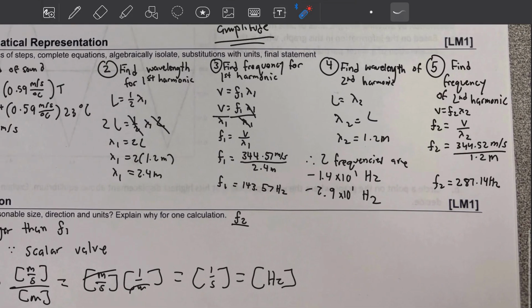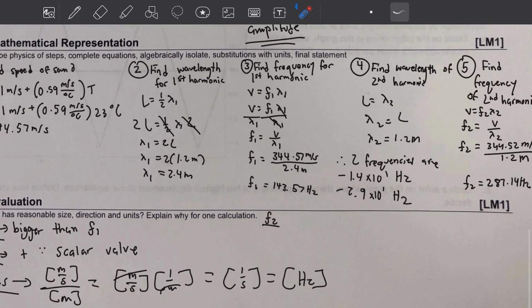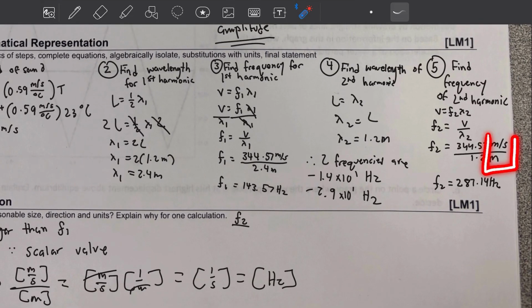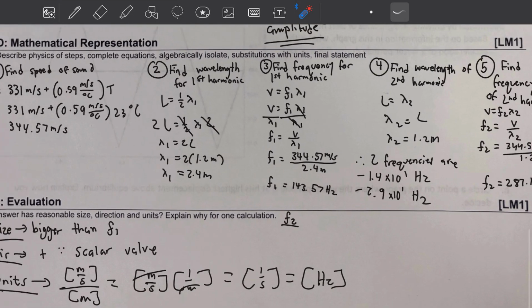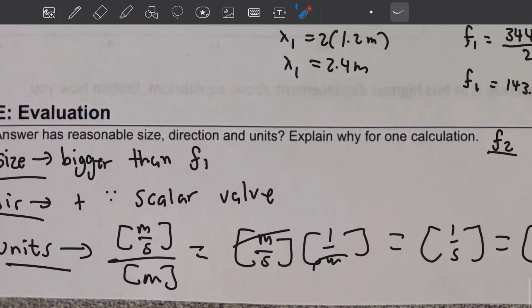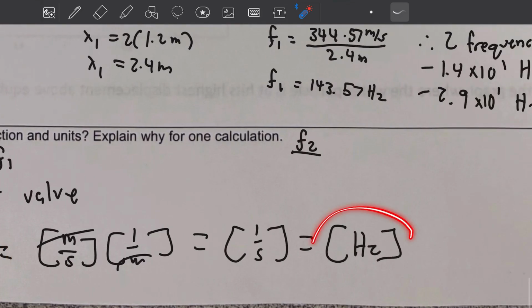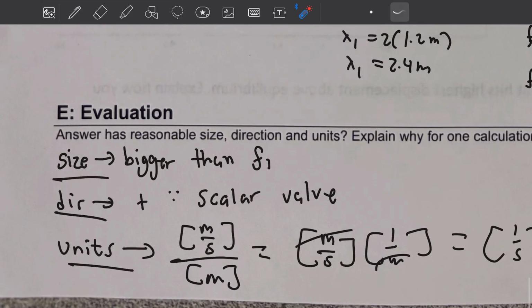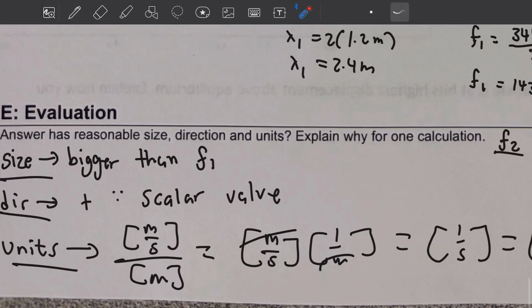Within our units, we just look at the way we've set up our equation, and that comes from here, right? So we just take those units and we do unit analysis, where we basically use mathematics to manipulate these units to get our final answer. So in this case, we are doing meters over second, and we're dividing that by meters.